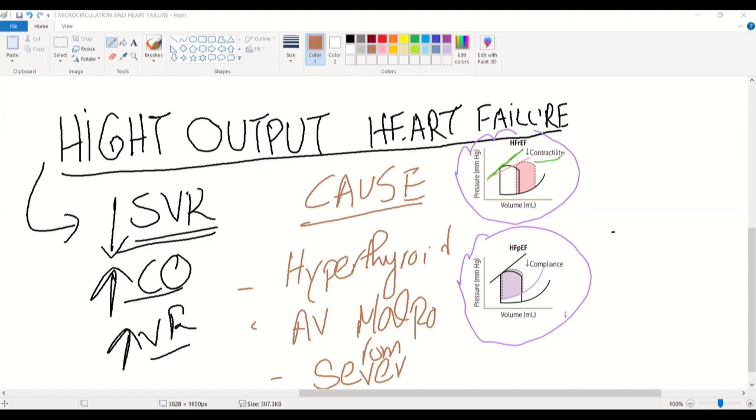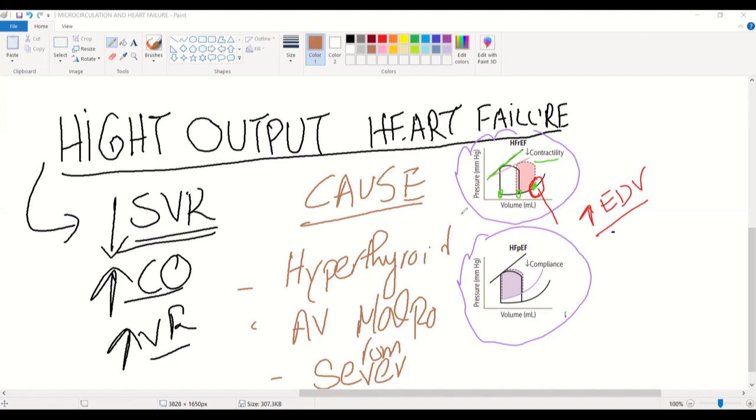What about the end diastolic volume? It is increased. This is normal, and this is in heart failure, so it will increase end diastolic volume.